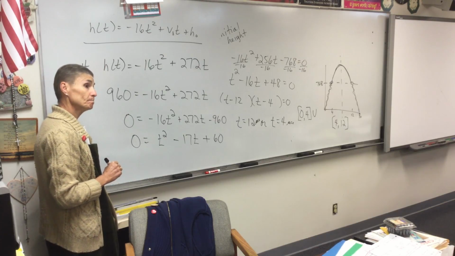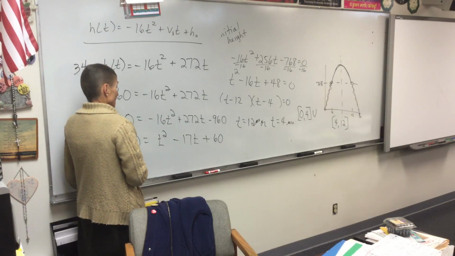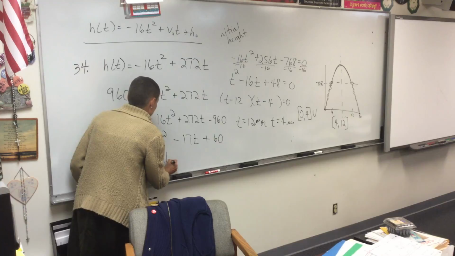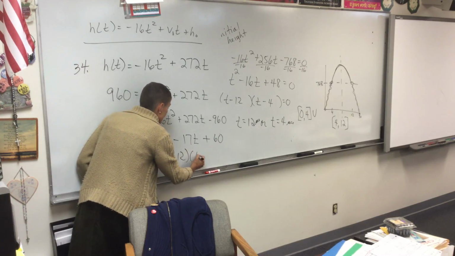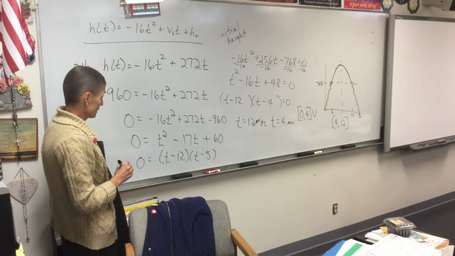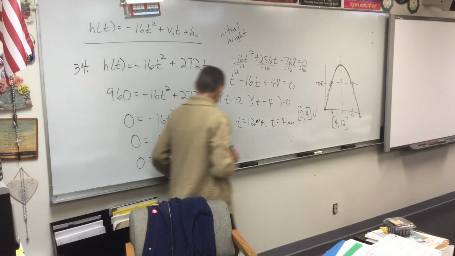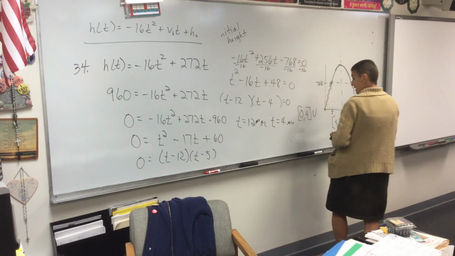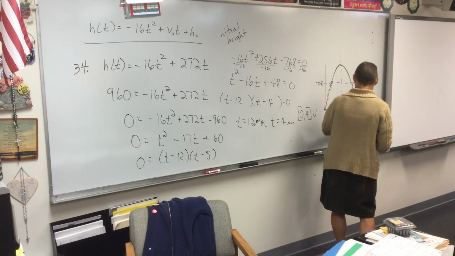Does that factor? So t minus 12 and t minus 5. So what does that tell me? That tells me that I'm at the height I wanted to be now at 5 and 12.